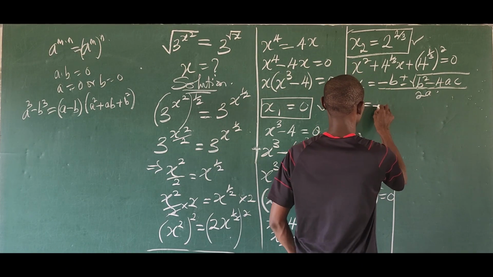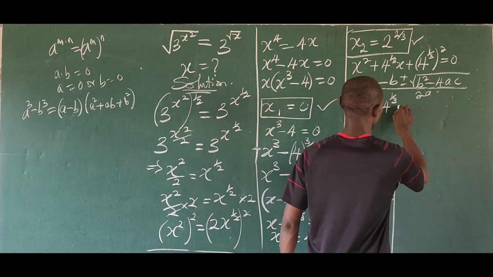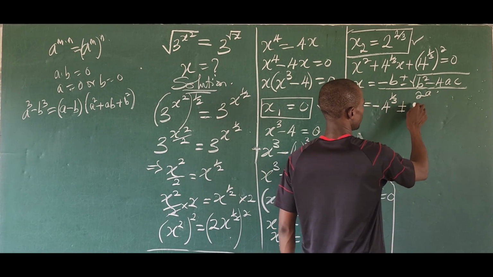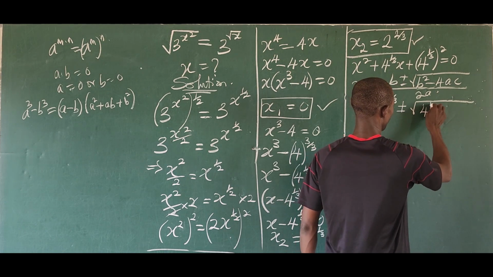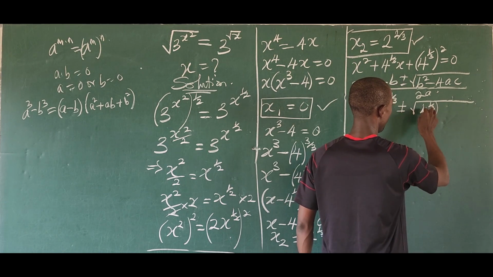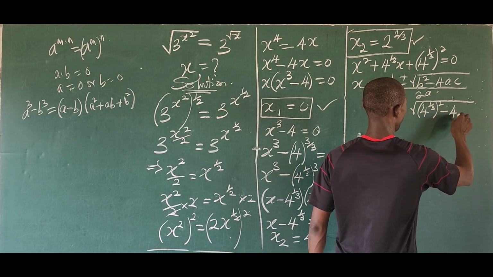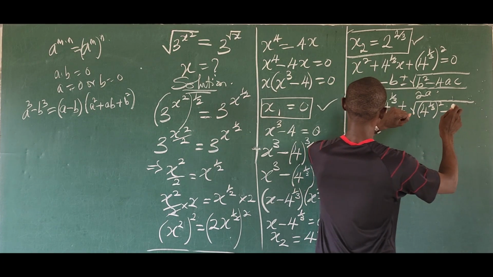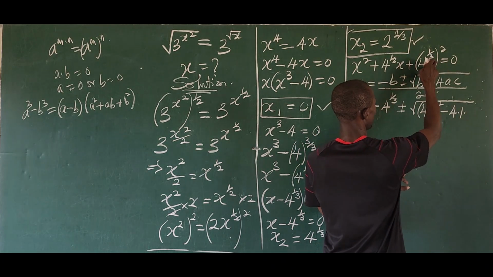So we have minus 4 to the power of 1 all over 3, then plus or minus the square root of 4 to the power of 1 all over 3 all raised to the power of 2, then minus 4 times a, where a is 1, so we have 1 times c, where c is this.